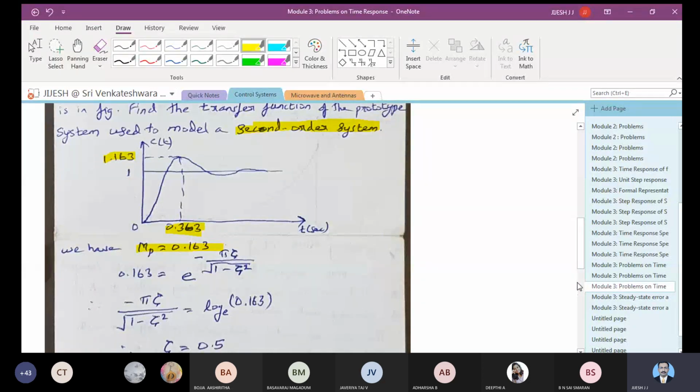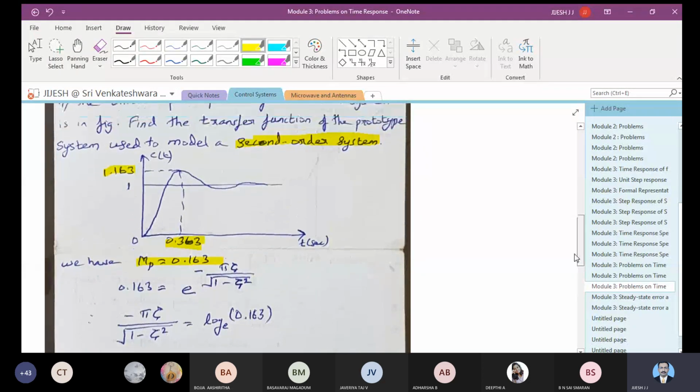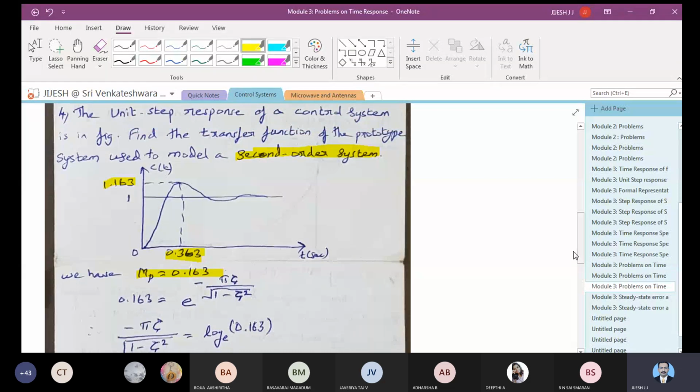So you can solve it. From that you should get the value of zeta. You try that. Find the logarithm of 0.163 and then simplify for the value of zeta. Zeta is the unknown here.